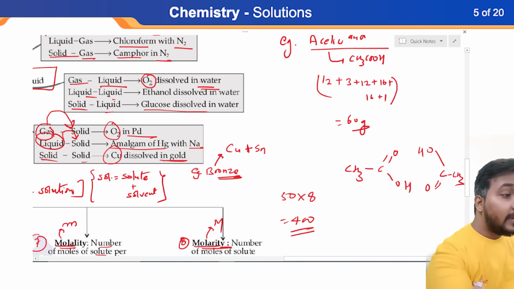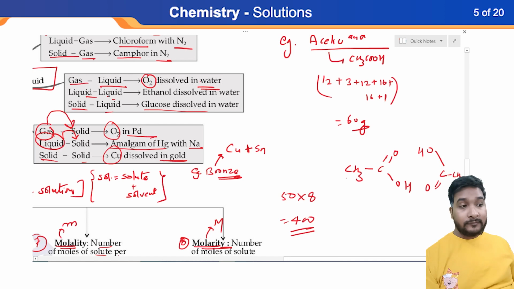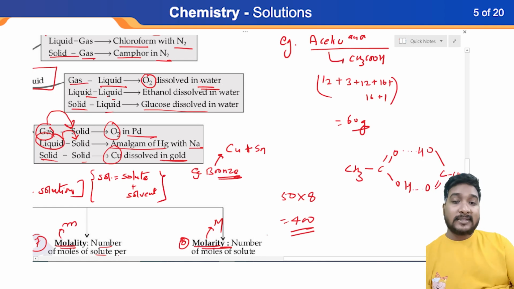Now we have two different molecules of acetic acid, but this hydrogen is attracted by this oxygen and this hydrogen is attracted by this oxygen. So this kind of attraction is called hydrogen bonding.